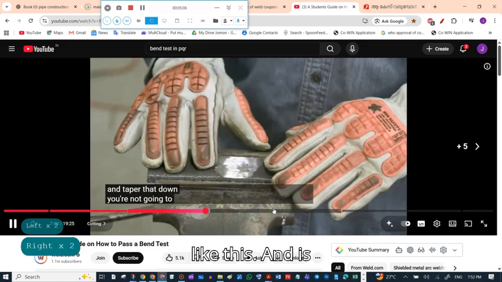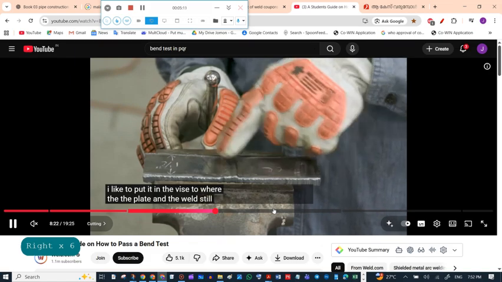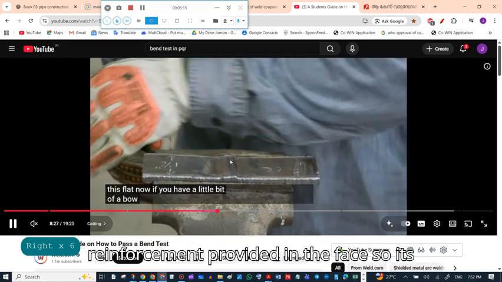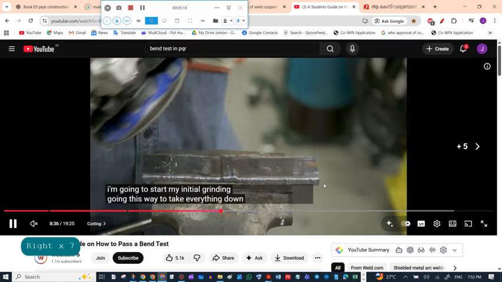We got it like this, and he is testing for a root. This is a reinforcement provided in the face, so he is grinding that one also.